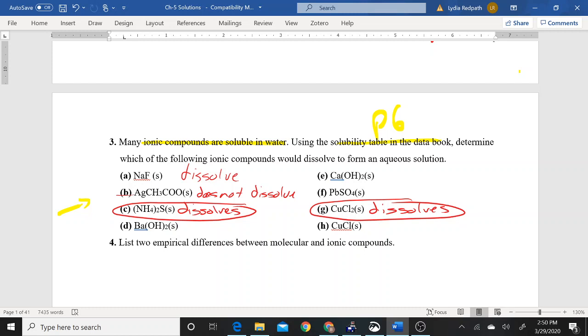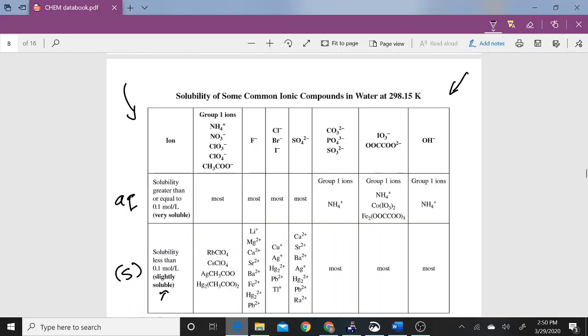There is C, which dissolves well in water, that's our ammonium sulfide, and there is G, which dissolves well in water too. G, the copper 2 chloride, is a bit of a tricky one, right? Because when we look at our solubility table, I scroll across, I find chloride, so here's chloride right here. I scroll down, and it says most things.